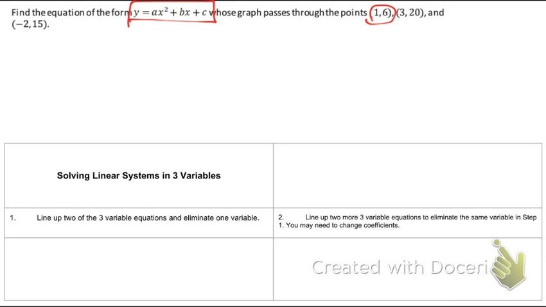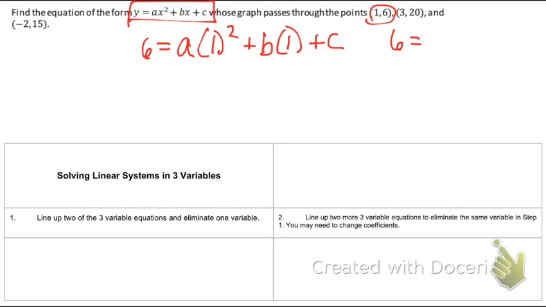So in this case, y is 6 equals a times 1 squared plus b times x, which is 1, plus c. So this first equation: 6 equals a plus b plus c.